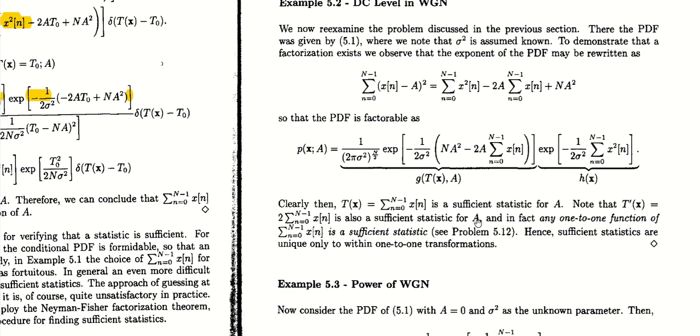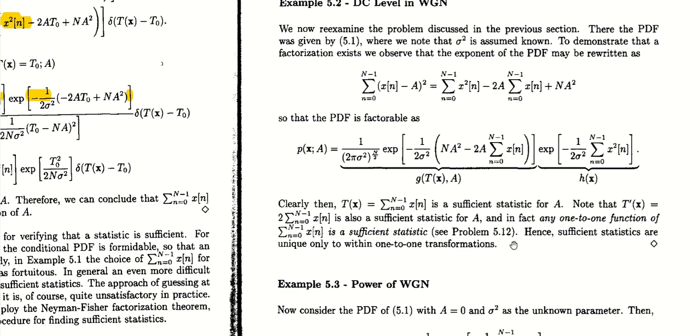In other words, 2 multiplied by this is still a sufficient statistic. You like to divide by 2, or multiply by 3 or 4, whatever you want to do with a sufficient statistic, as long as it's a one-to-one function of the sufficient statistic, it is a sufficient statistic.